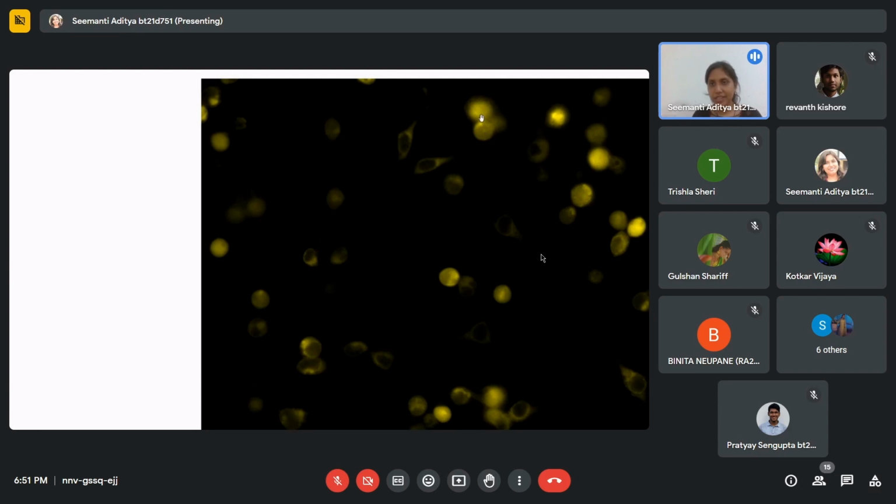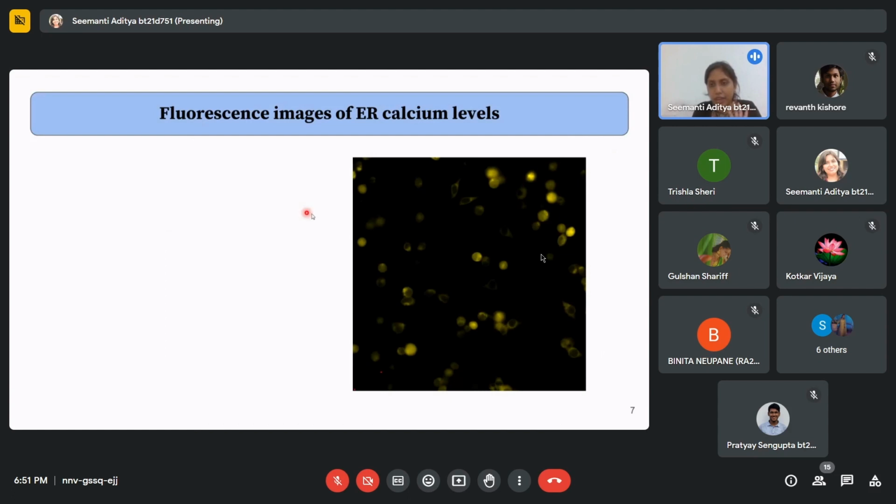But in these cells, the whole cell is yellow. These cells are actually dead cells, and when cells are dying, the plasmid is totally accumulated everywhere inside the cell. So these cells are not considered for publication or for analysis.